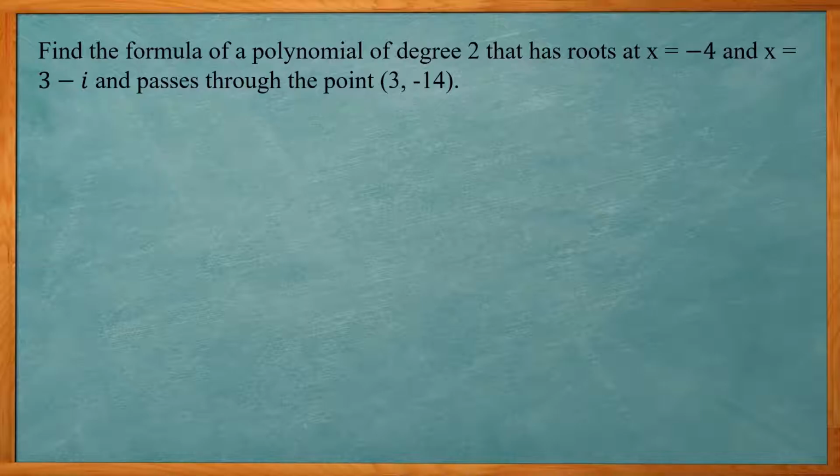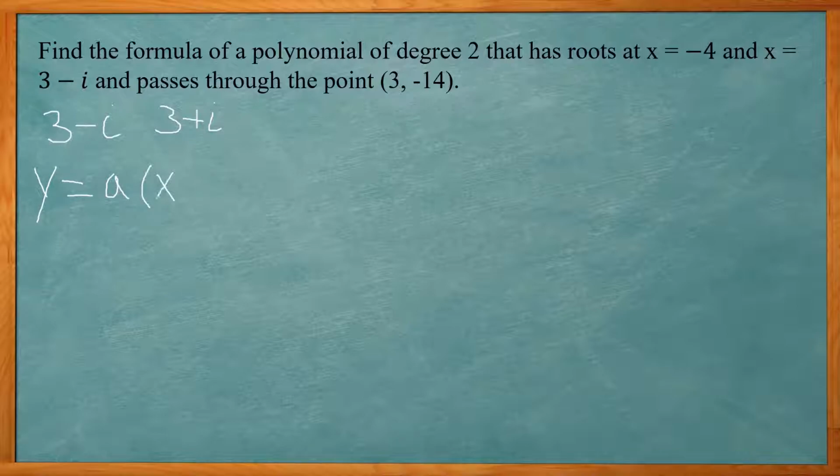All right, so this is the second example that has complex roots. So we got a root at negative 4 and 3 minus i. And again, this needs to come in pairs. So 3 minus i, its conjugate would be 3 plus i. All right, so we're going to set up our equation. x minus -4 is going to be x plus 4.